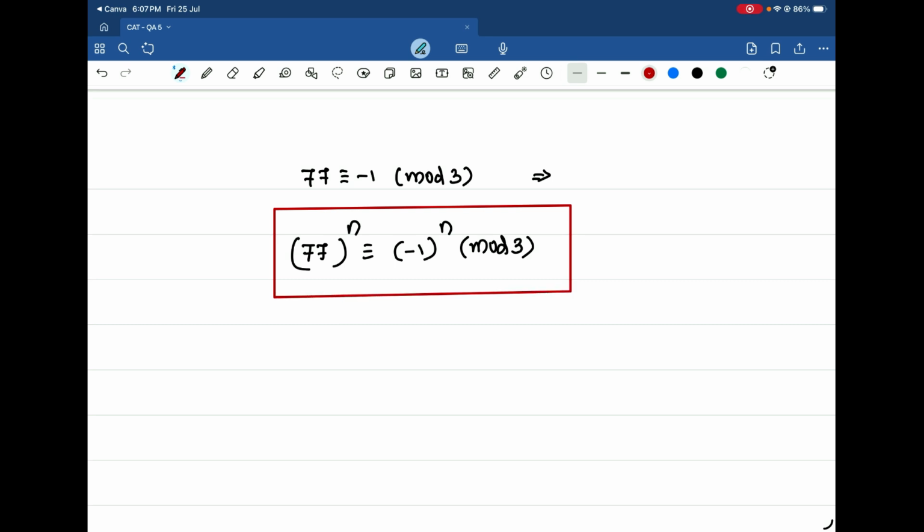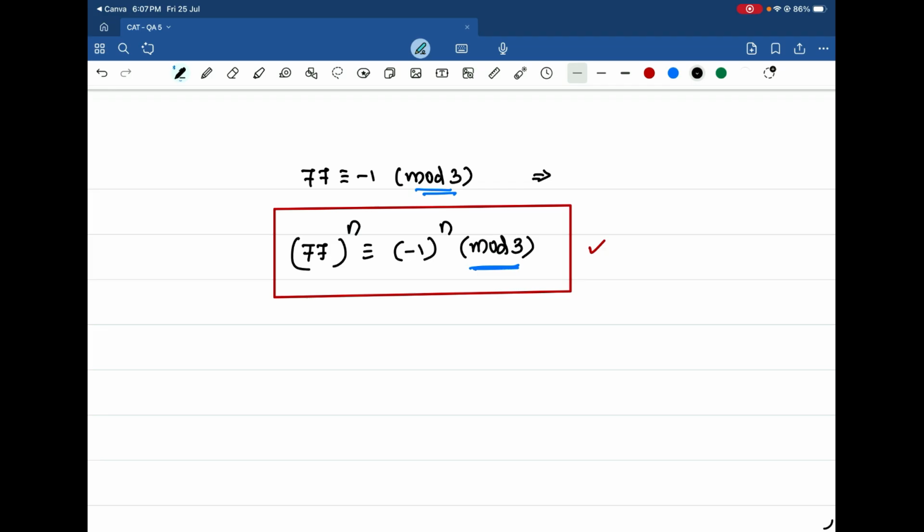Please remember this. When some value is equivalent to some value mod some value, when you take the powers of it, the right hand side and left hand side both go to the power, and the modulus will not change in both the cases.